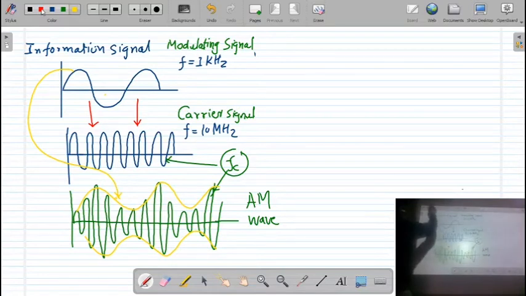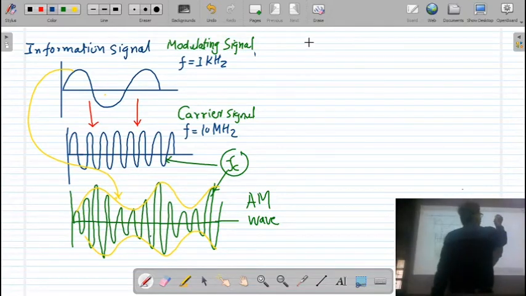Now we have to look at how we can describe this wave mathematically. I want to write the expression for this kind of modulated wave.